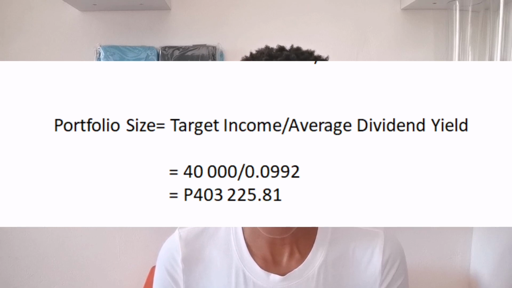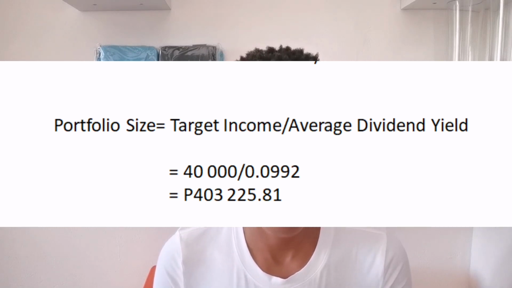Now that we know our income need, we know the sectors or the companies that we want to invest in, and we've worked out our dividend yield, how do we then determine the size of the portfolio that we have to build? This is very important, and this is where you need to pay attention. To get that, you are going to say, my annual income needs, which in my case is 40,000, divided by the dividend yield.